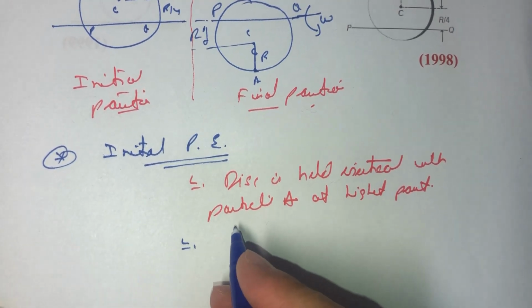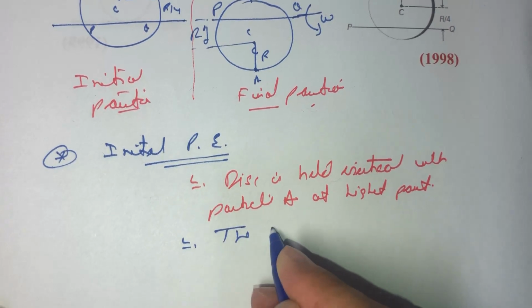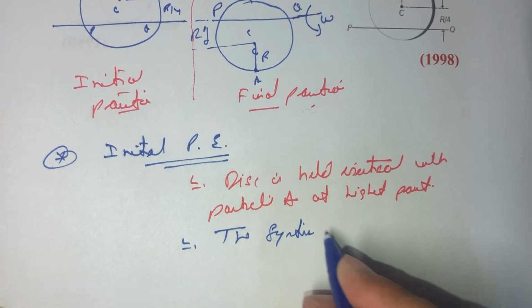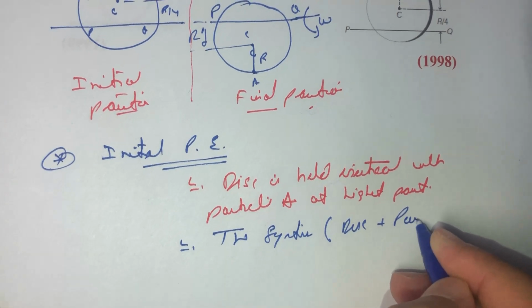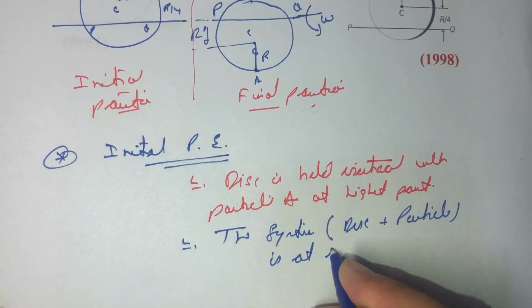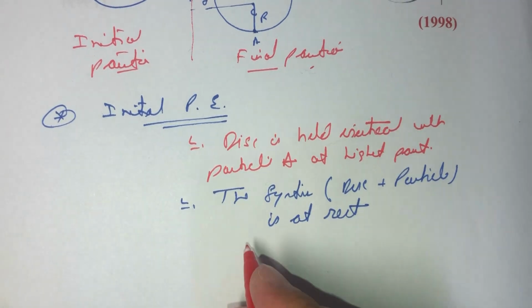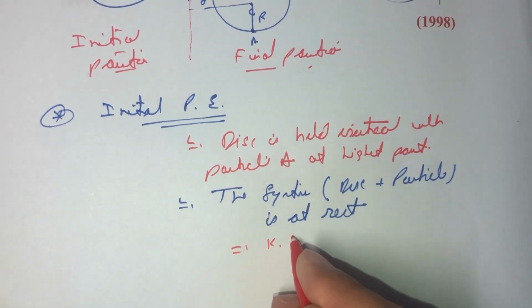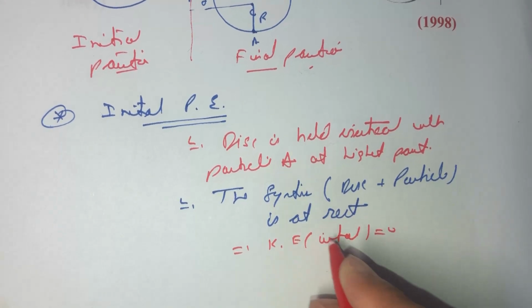The system, disc plus particle, is at rest. So therefore we can say kinetic energy initial is equal to 0.